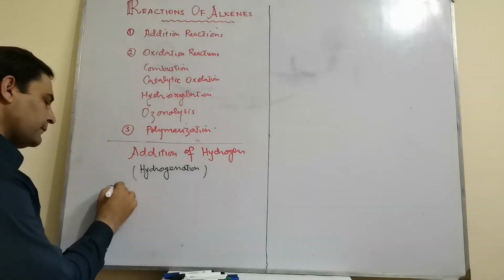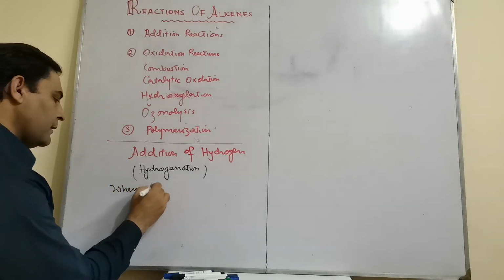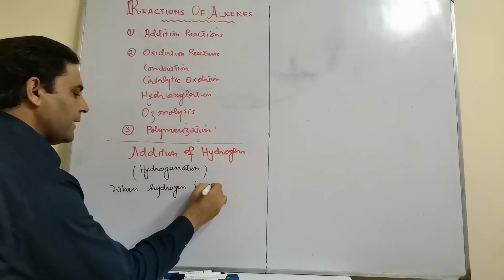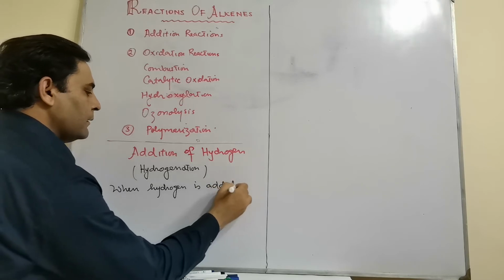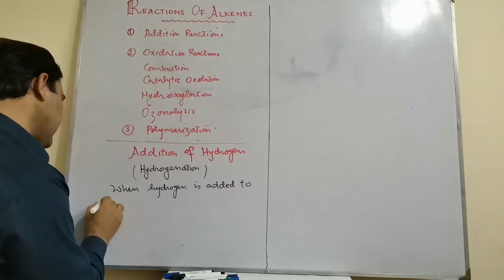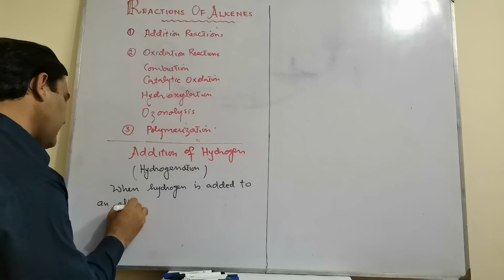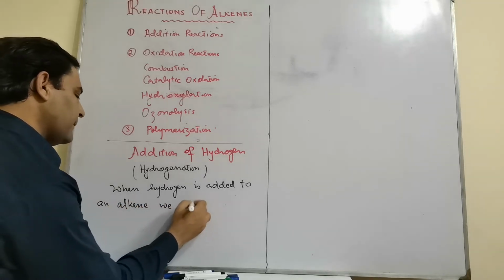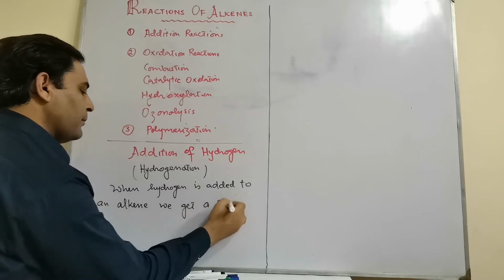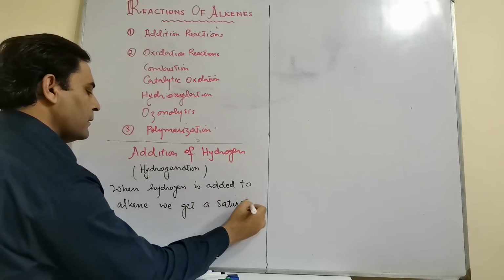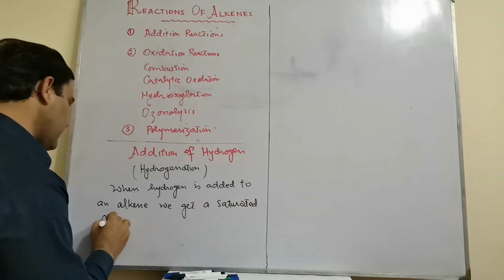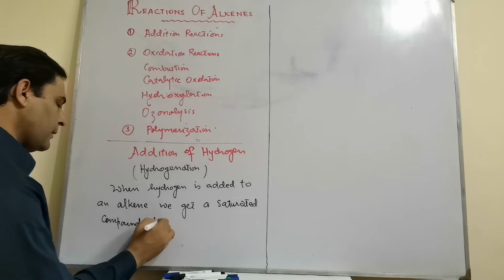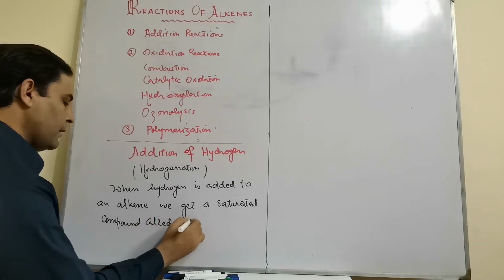When hydrogen is added to an alkene, we get a saturated compound called alkane.